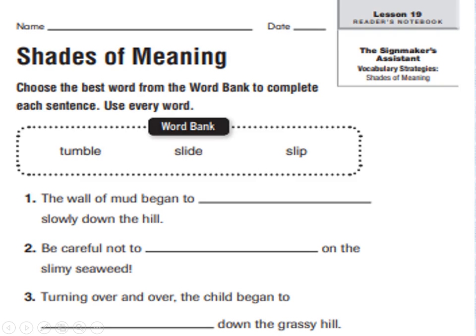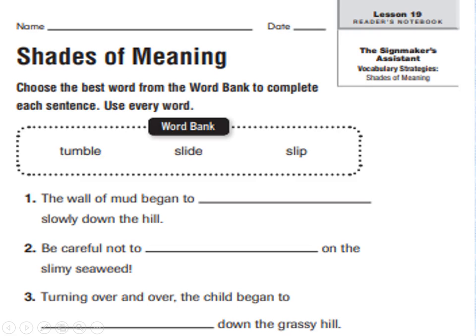So here we have tumble, slide, and slip. And they all have the same meaning of slipping on the floor or ground or something similar to that. And let's see now the first one.